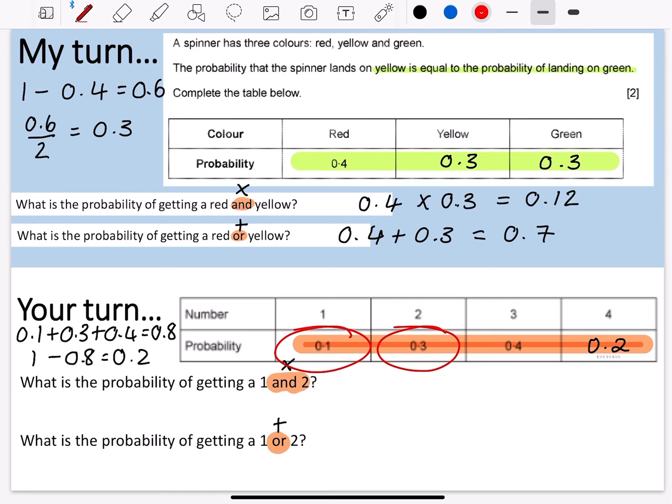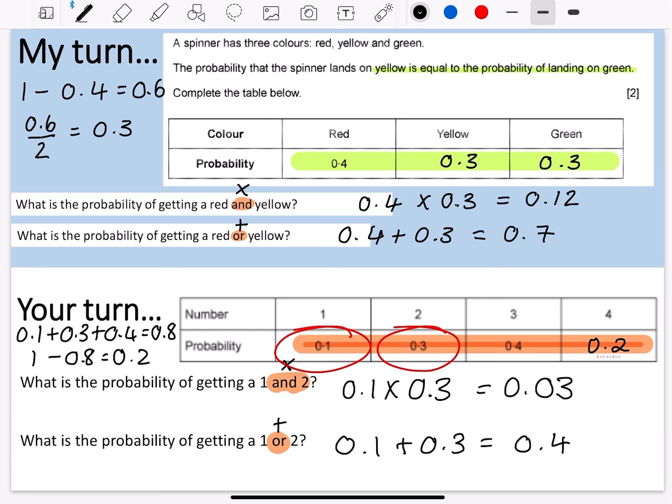So multiplying those together, I'm going to get 0.1 times 0.3 is going to give me an answer of 0.03. And then for the probability of getting 1 or 2, I'm going to do 0.1, add 0.3, which is going to give me an answer of 0.4. Be careful with your place value for these questions and have a go at the next set.